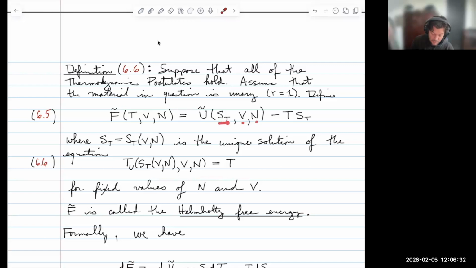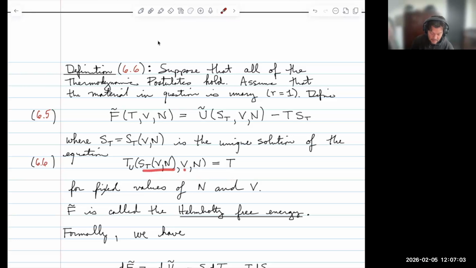I'm going to get to what S_T is in a moment. Now, S_T itself is going to be a function of T, V, and N. S_T is going to be the unique solution of this T equation. This is the temperature with respect to the internal energy definition.